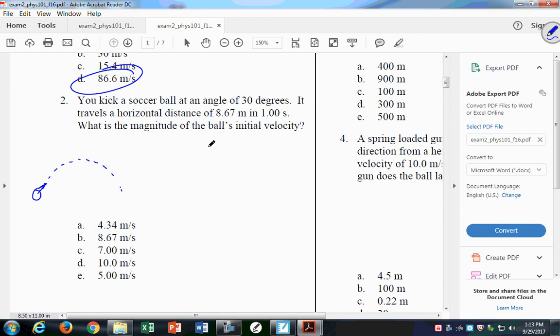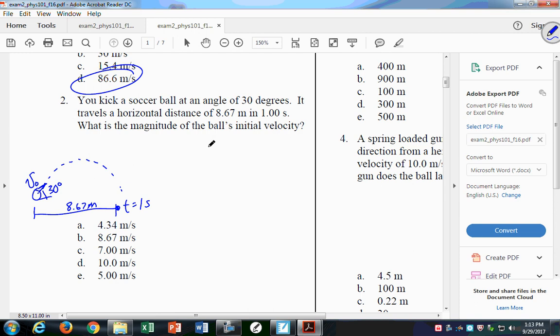I know that it travels 8.67 meters. And I know that over here the time is equal to 1 second. I know that this angle is 30 degrees. And I want to know what is V0. That is, what is the initial velocity? Not in the x direction, not in the y direction, but the overall initial velocity.